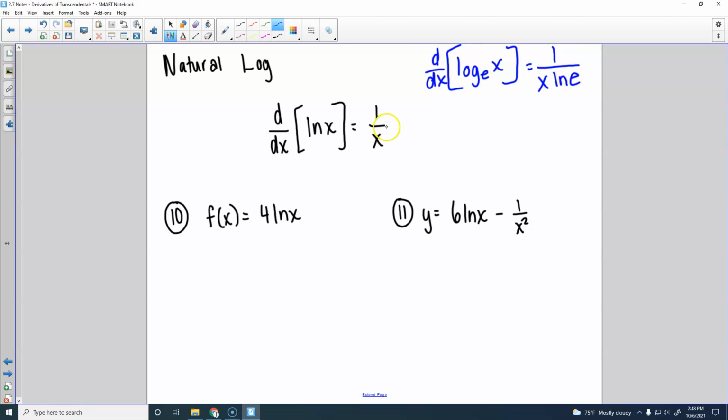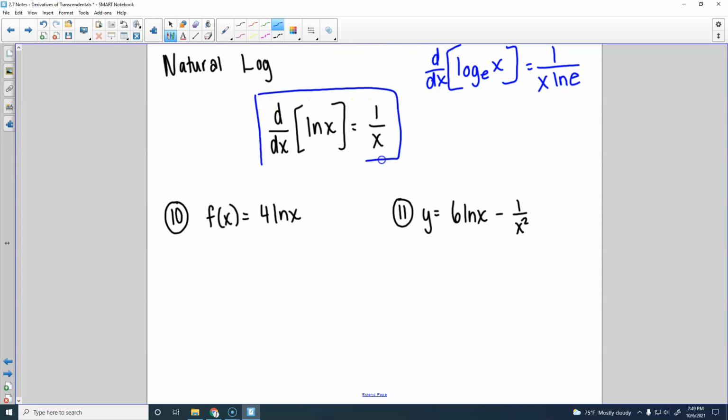So that means we just have 1 over x. So natural log and logs are pretty closely related. A natural log just has special cases. You could use the other rules. They're just easier, so we're simplifying them a little bit here.